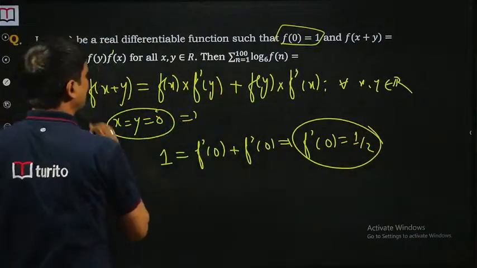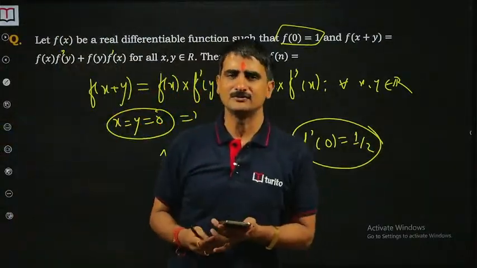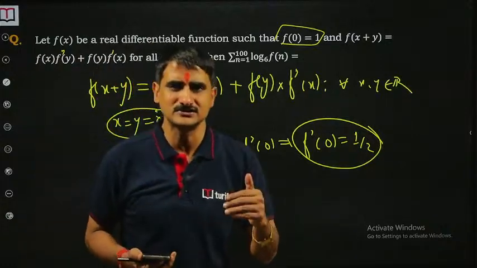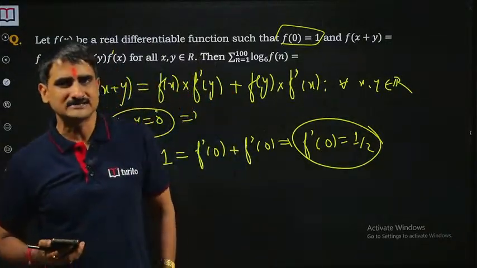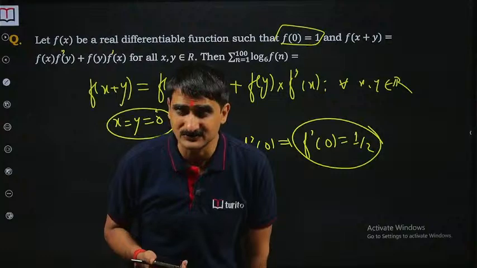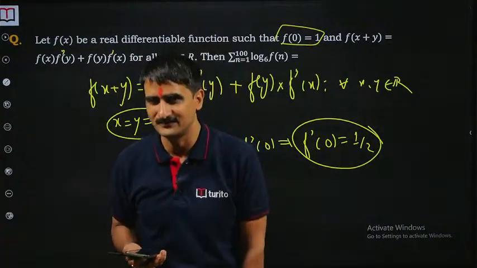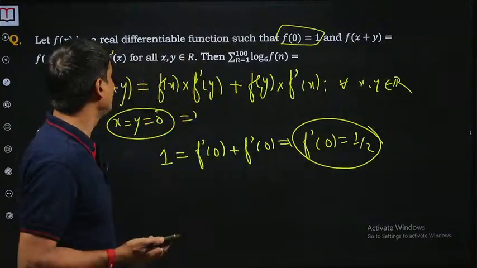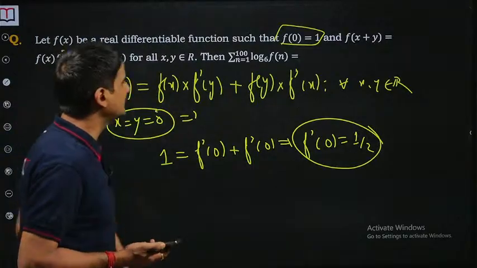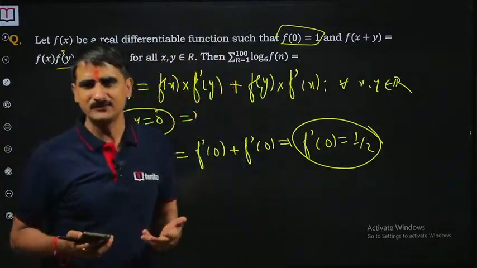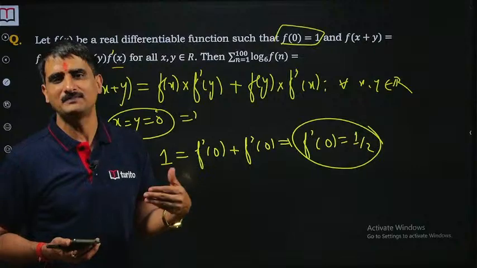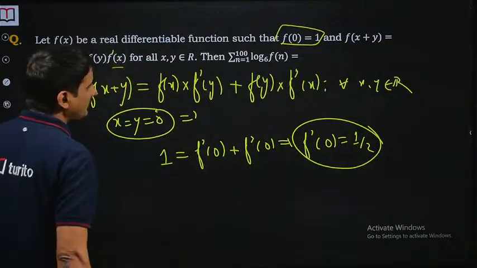Now see, what I will do to solve such questions based on functional relation. See, what I normally suggest is either use the first principle of differentiation or use partial differentiation. Okay, so here since we already have derivative terms in the relation itself, my preference will obviously be the use of partial differentiation.